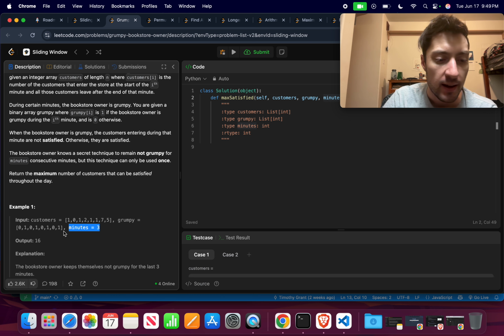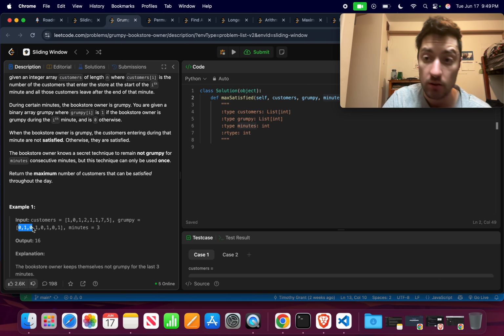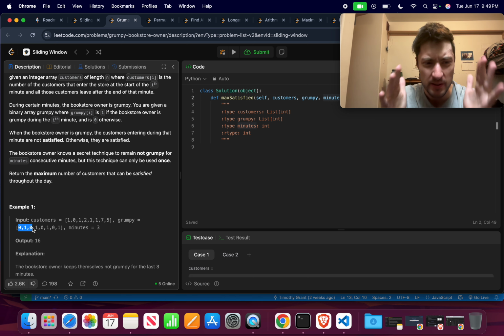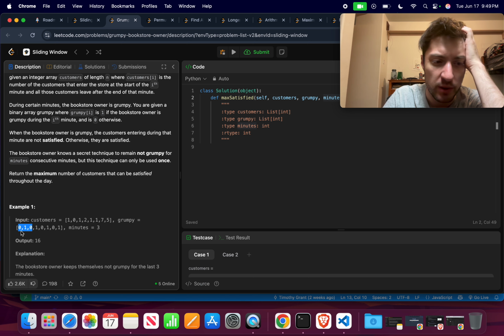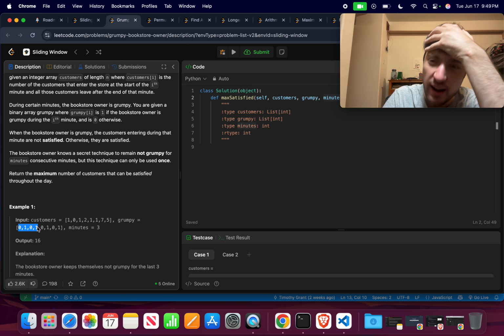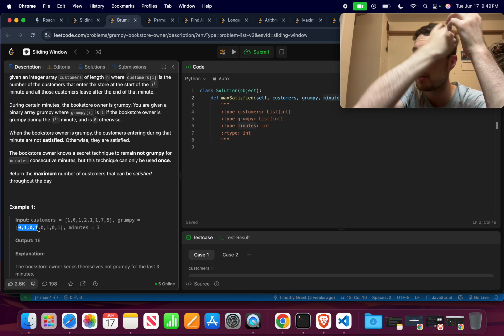Now I'm going to take a look here, and this is going to be my window. Notice 3 elements. This is something that I always get messed up. I wonder whether my pointer should be here and then plus 3, or how do I do that? I'm always messing myself up.